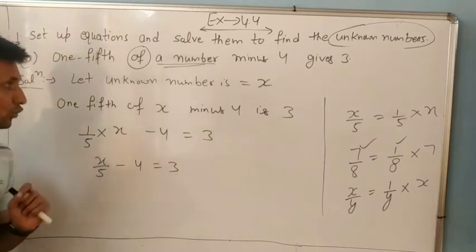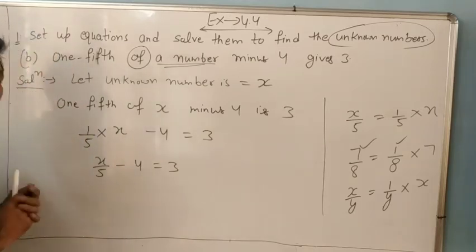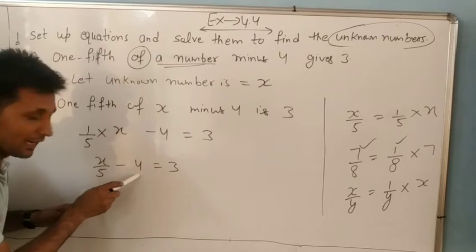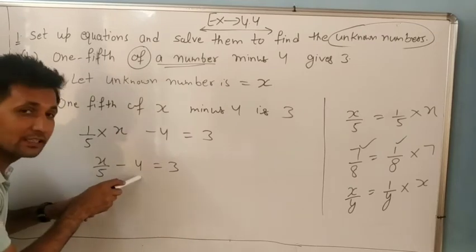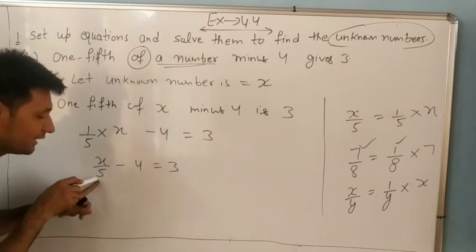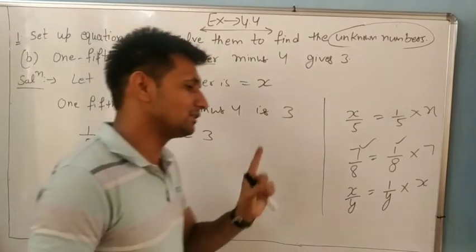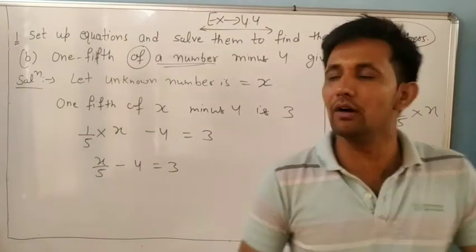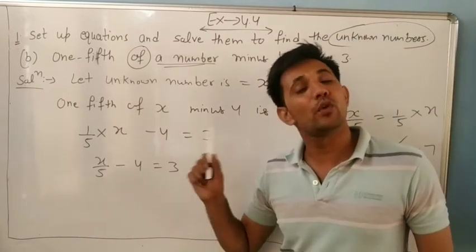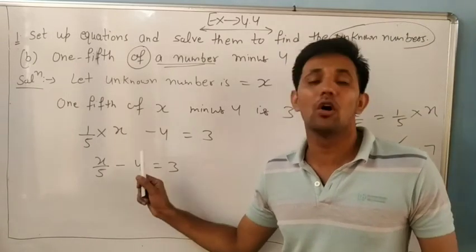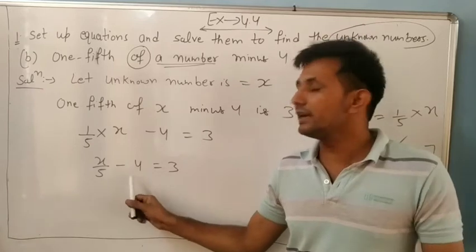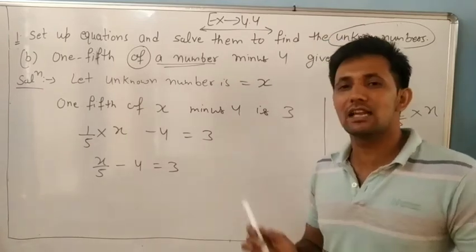If we want to find the value of the unknown number, we have to remove minus 4 and 5. 4 is here subtraction and 5 is here division. So how can we? I told you, always whenever a bracket is not given, we will first remove addition and subtraction. Negative number goes to the other side as positive.